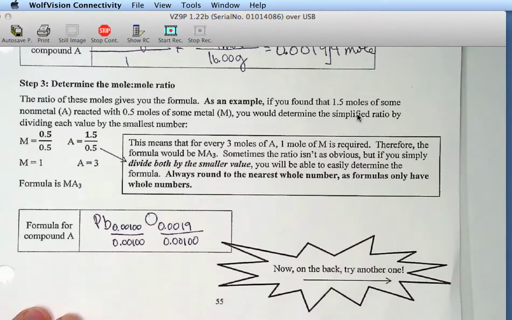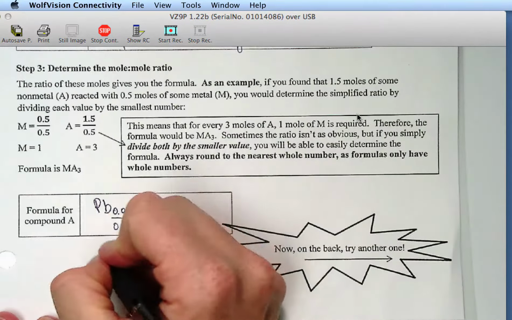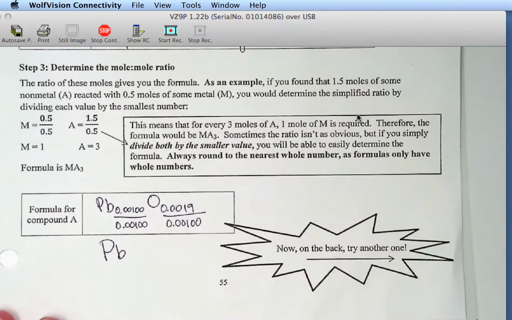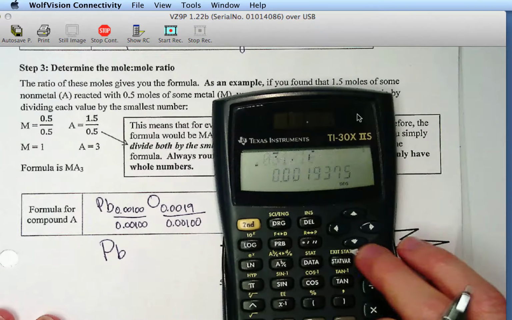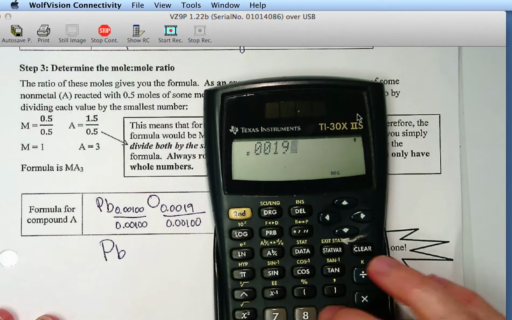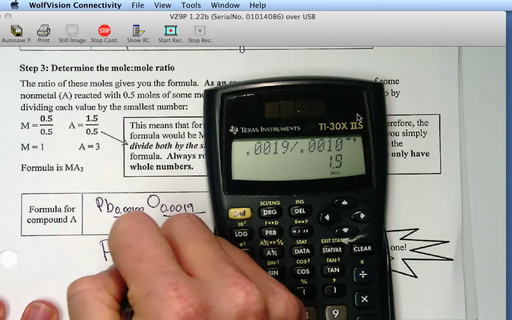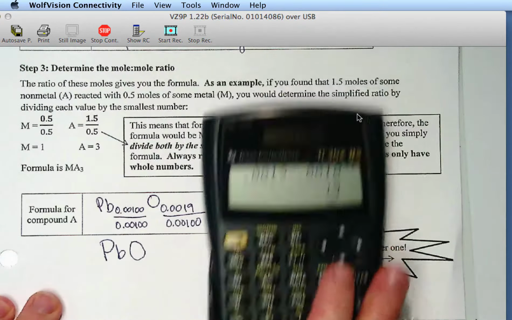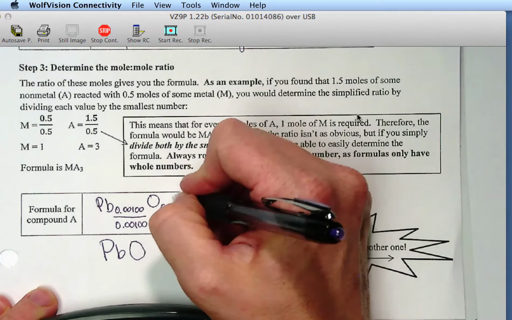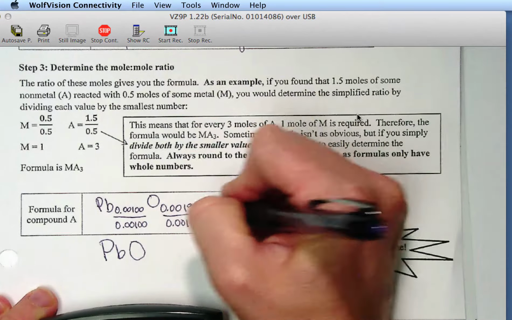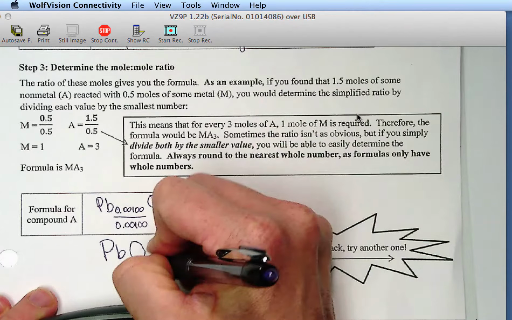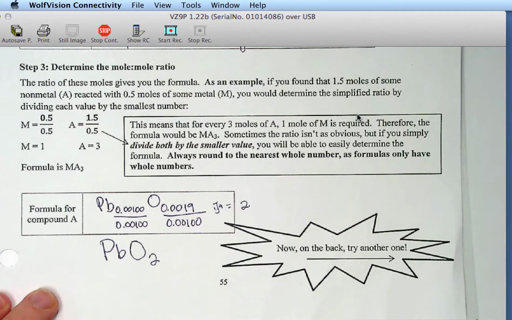So you'll end up with a formula. Pb will just be 1. And then you're going to round to the nearest whole number. So you get 1.9, it's going to be 2. PbO2.